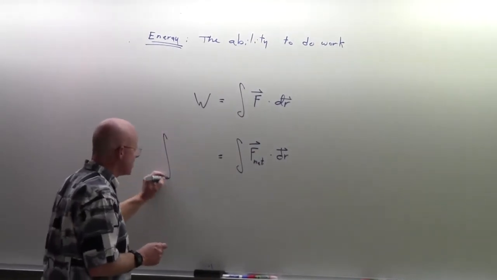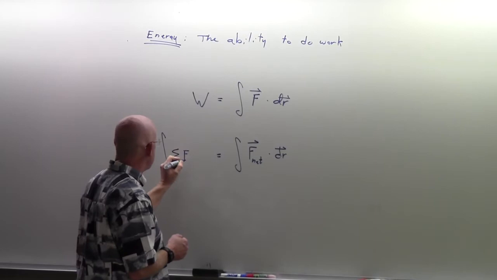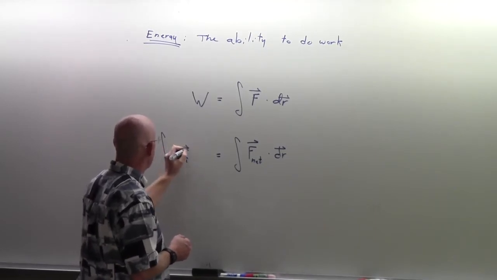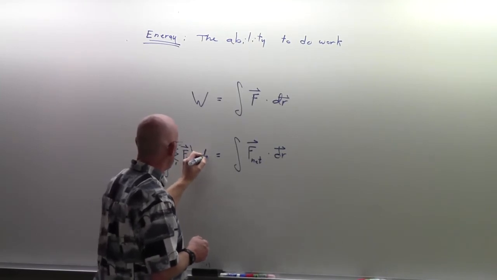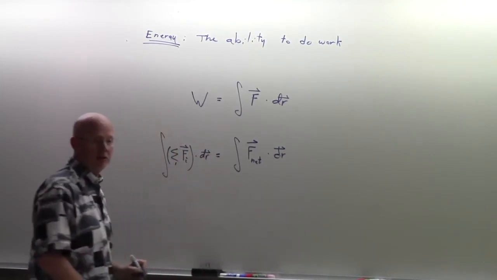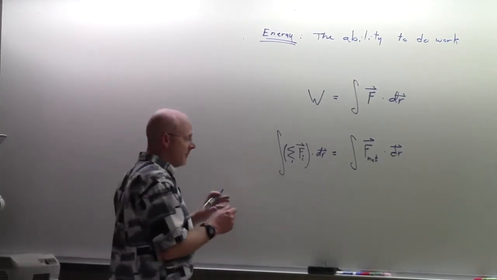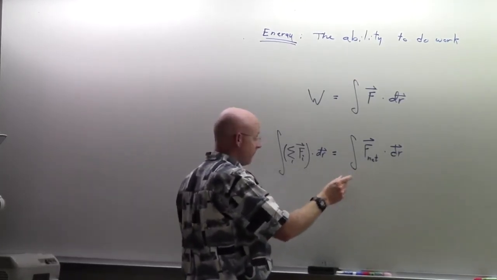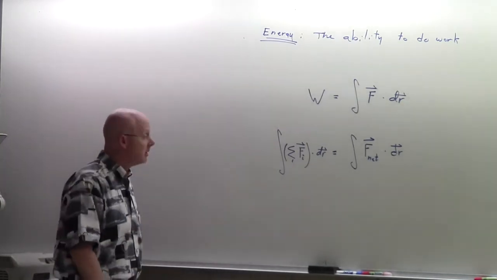Wouldn't that be the same as adding up all the individual forces dotted with dr? Okay, so we could look at the net force, or we could say they're made up of individual pieces.